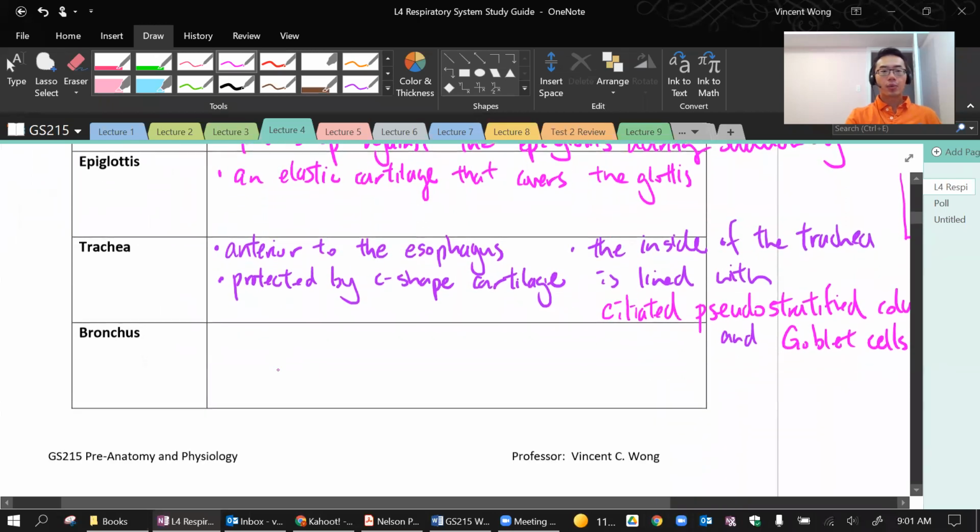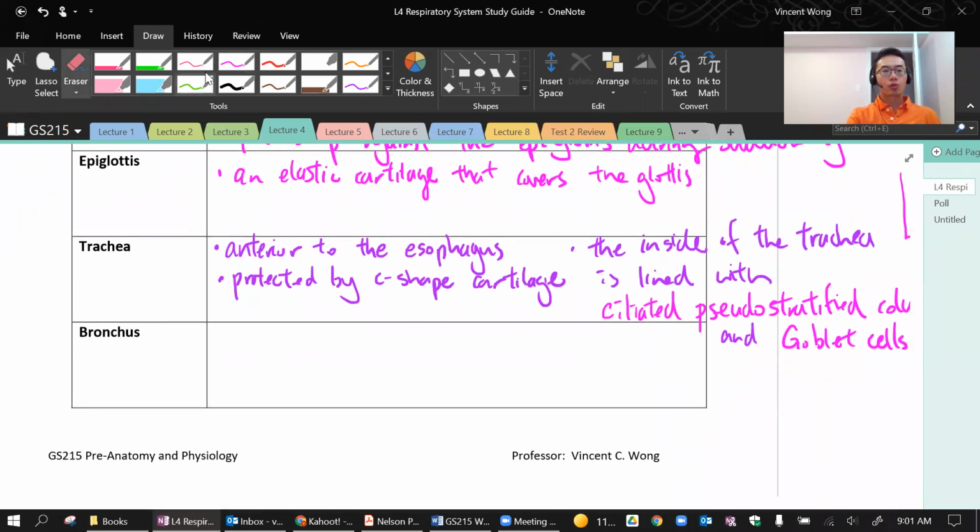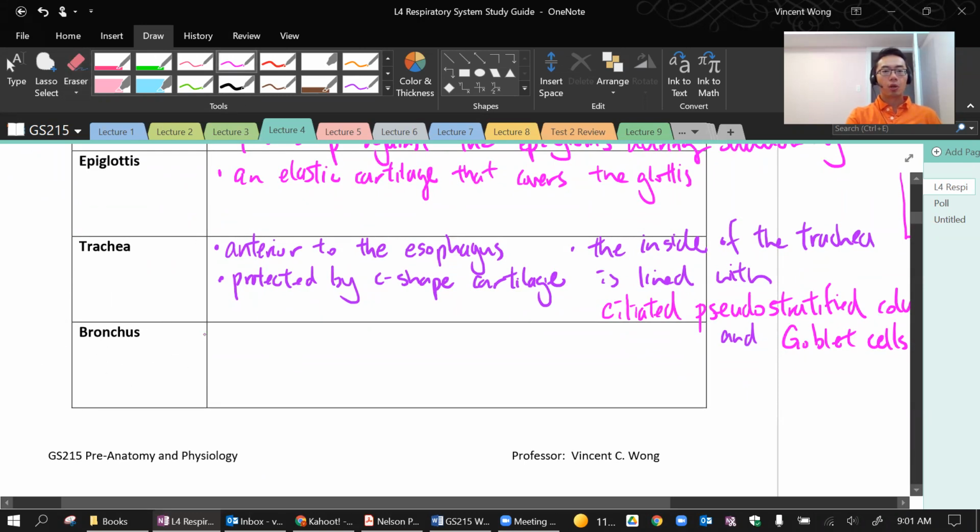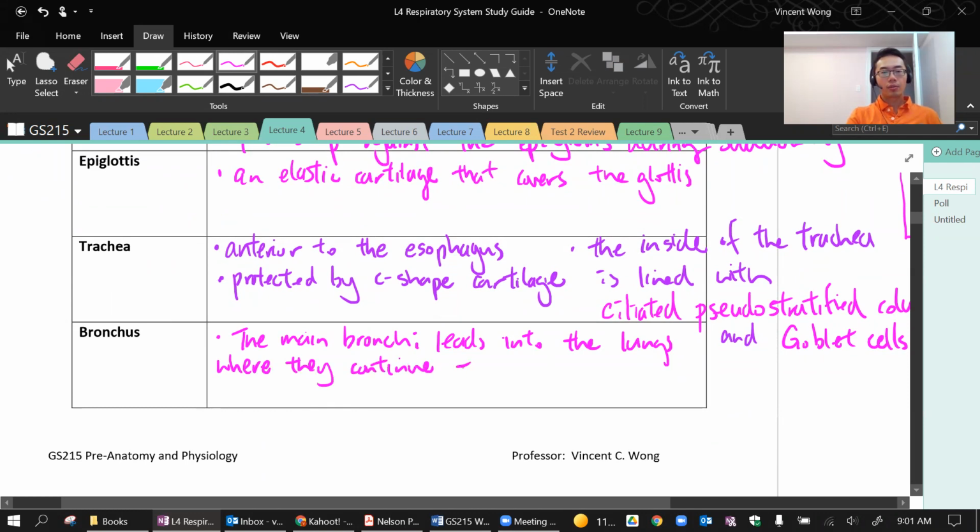Next, we're going to have the bronchus. The trachea is going to branch into the bronchi, and the main bronchi, the left and the right one, lead into the lungs, where they continue to branch into secondary and tertiary bronchi.